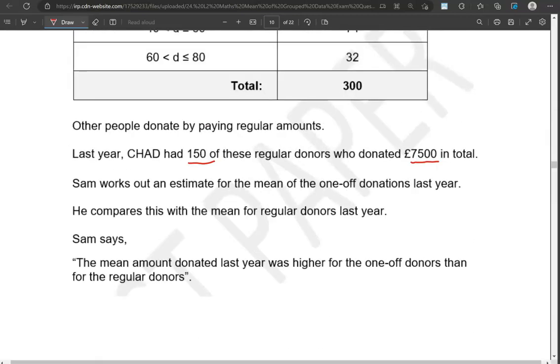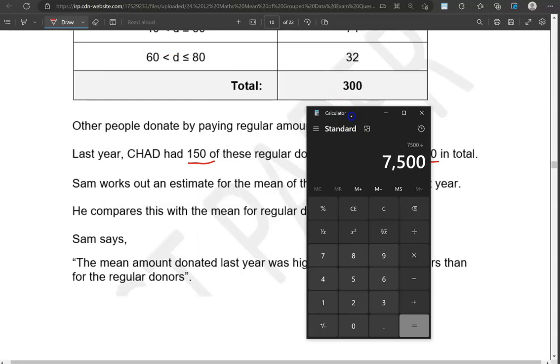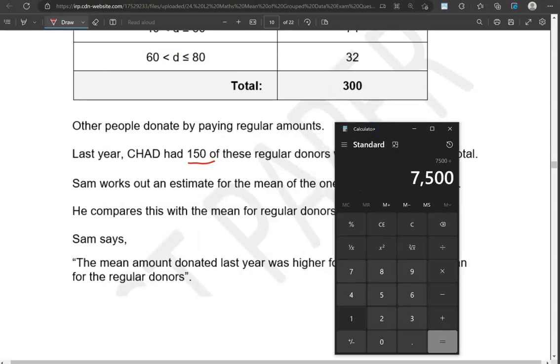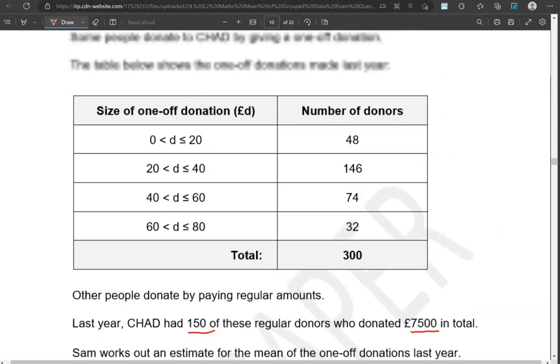So the mean for the regular donors we can work out by doing 7,500 divided by 150, which is £50. So £50 on average by the regular donors. Let's estimate the mean amount for one-off donors and then compare.